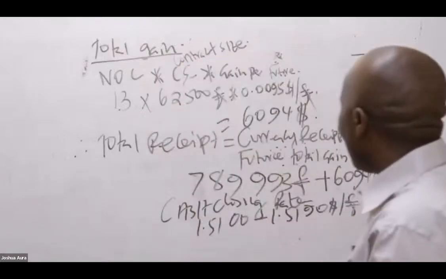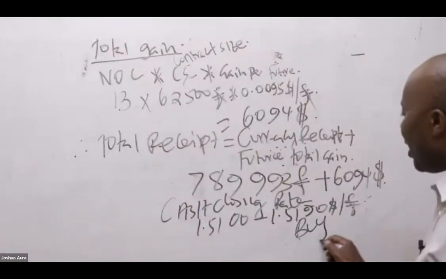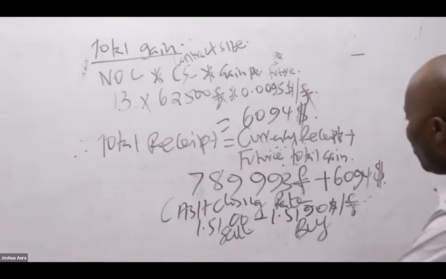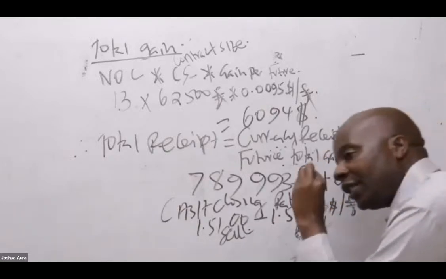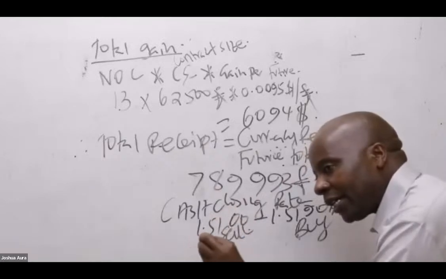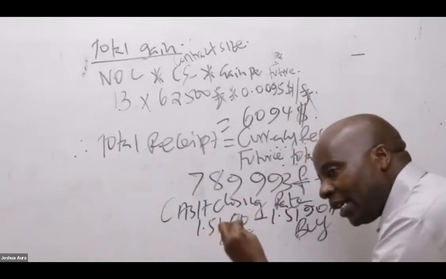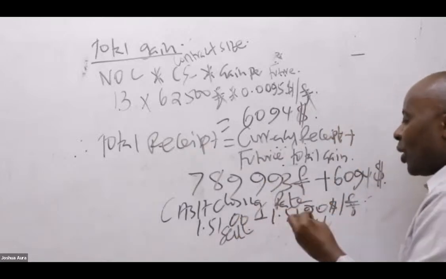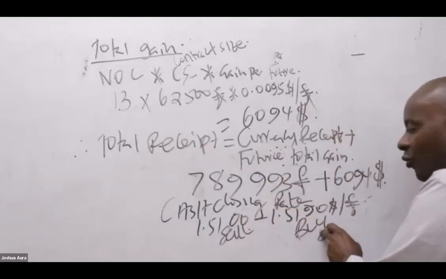And if it's in the UK, this becomes buy and this becomes sell. So when you gain, you have received this money, right? When you receive this money, receipt, it automatically means that the bank will buy from you. So we are going to use the buying rate to convert.